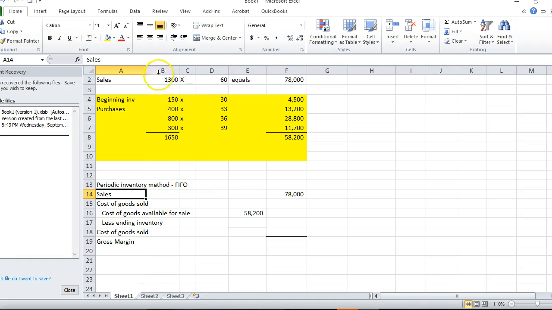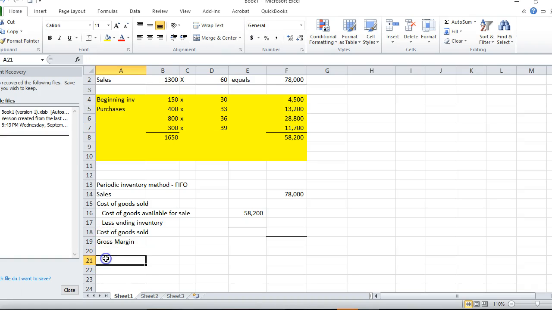So these 1,300 units means we sold all of this 150, all of this 400, which is 550 now, right? And now we have 750 of this unit we sold, which means what's left on hand at the end of the period is going to be 50 of this at 36 bucks and 300 of these at 39 bucks, right?